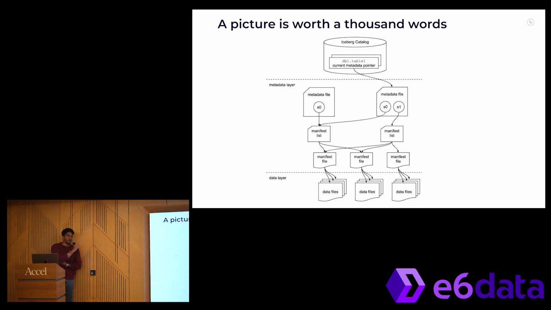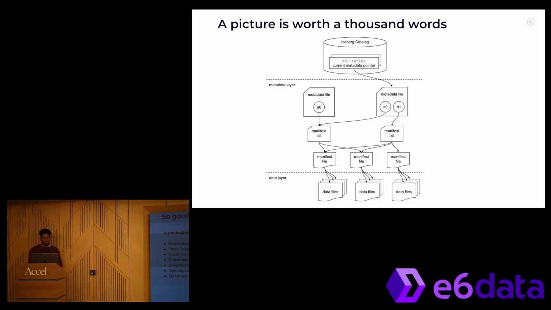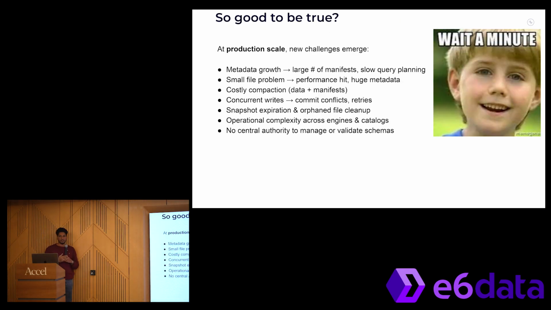Let's say there are 1000 manifest files you need to get, and in S3, because of the IO overhead, giving a ballpark, you need around 100 ms to make the initial connection. For 1000 manifest files, that's 100 seconds just for the initial connections. If query planning is going to take that long, I don't know if we will wait for the query to finish. We might think that things are stuck and just rerun. So it's very important that we take care of this problem, otherwise your query planning is going to be pretty slow.